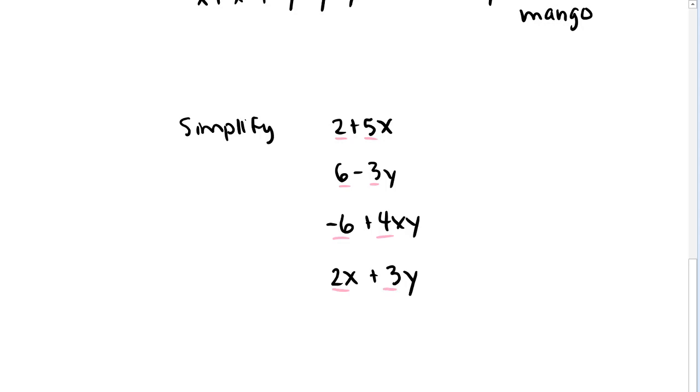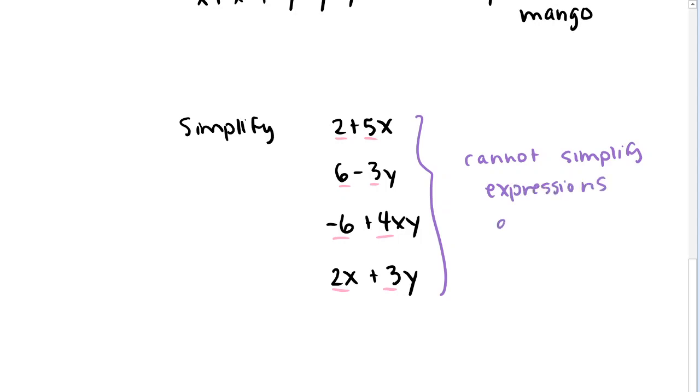These are all unlike terms, and we cannot simplify these expressions any further. So if you're at this stage, you have these expressions, and you want to simplify further, actually you can't. So we would just leave these as is. They represent the idea that they're representing as simply as they can.